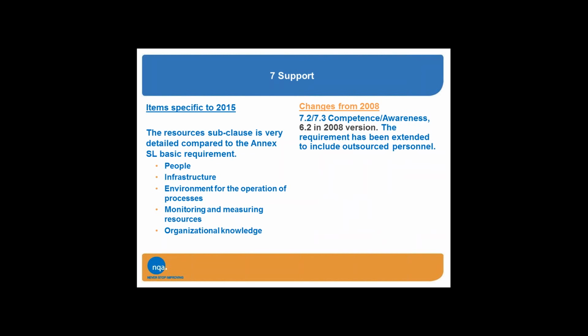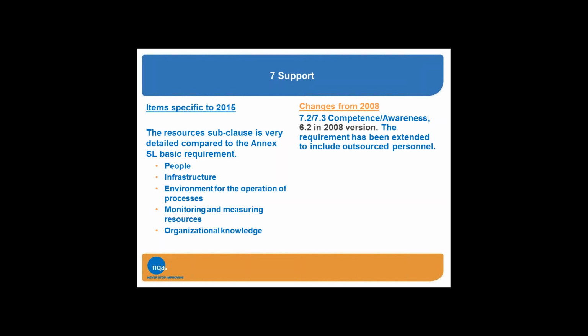Some further changes from 2008. The competence and awareness requirements, the old 6.2 in the earlier standard, this requirement has been extended to include outsourced personnel. As I mentioned earlier, there's more emphasis generally on the external as well as the internal requirements.